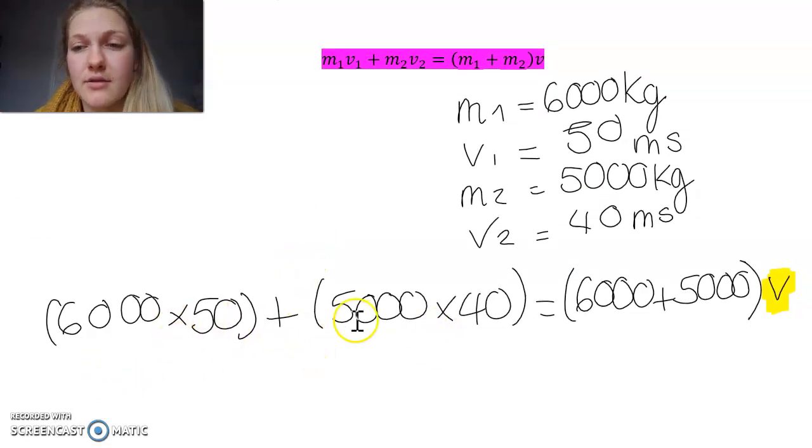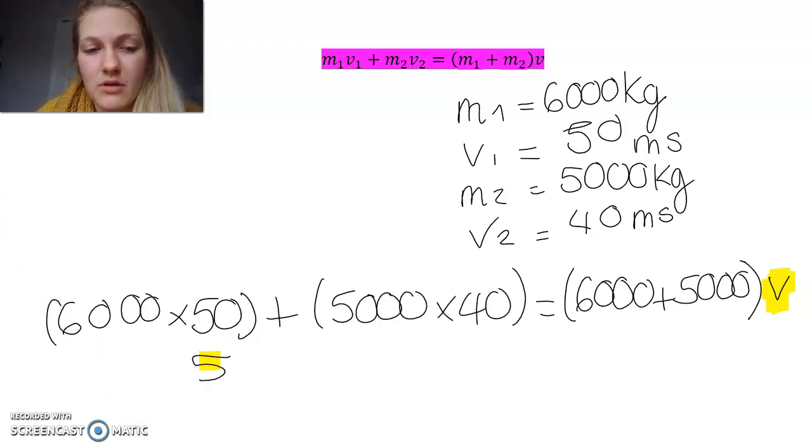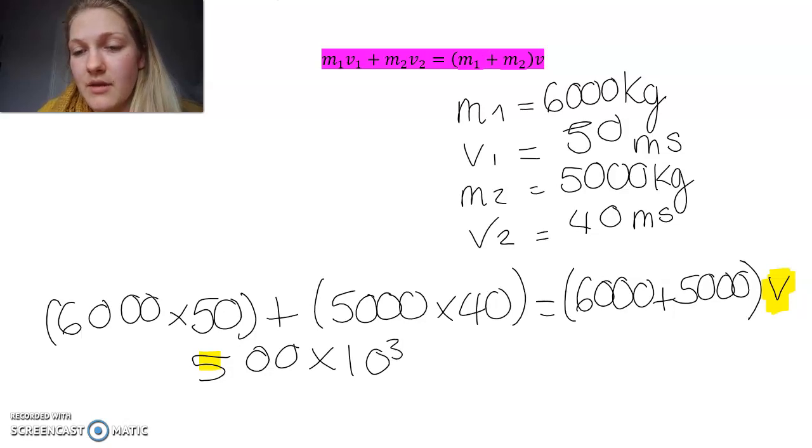my answer to the first part of the equation, the momentum, when you put it into a calculator, will equal 500 times 10 to the power of 3. That would then equal, we've got here, 11,000 times V, which is still our unknown property at this point.